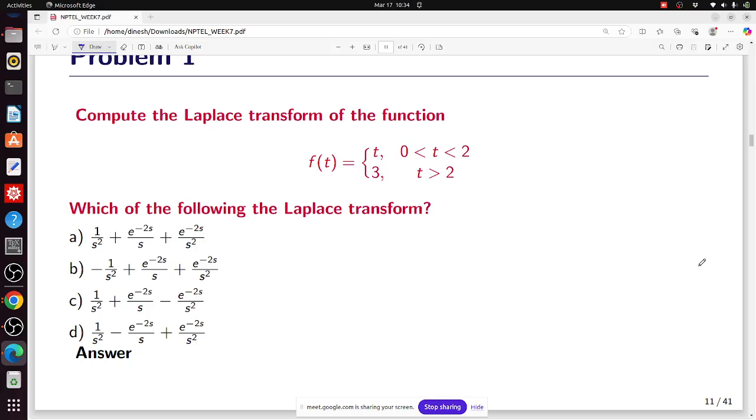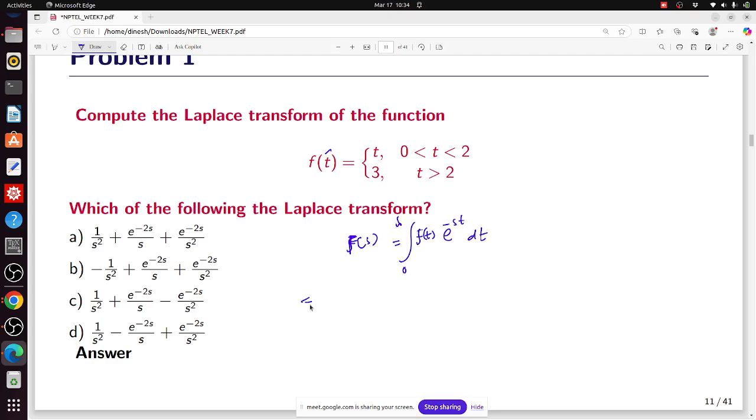You can try it. Let's try. So here, as you know, the Laplace transform of any function is written as F(s) equal to the integral from 0 to infinity of f(t) e^(-st) dt.